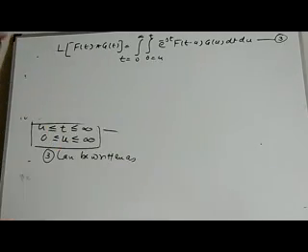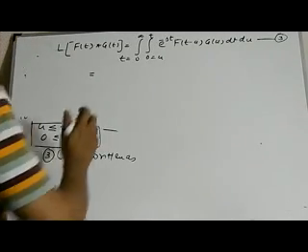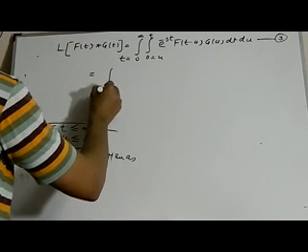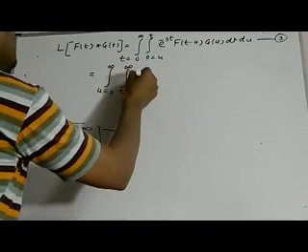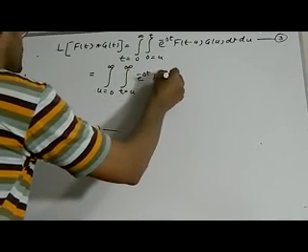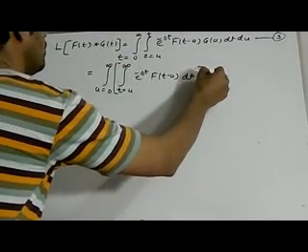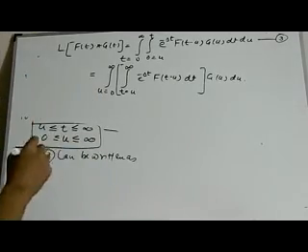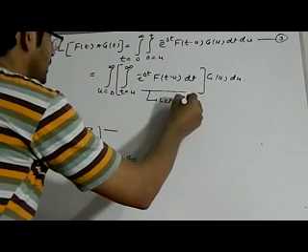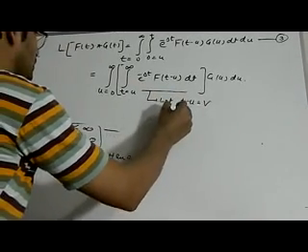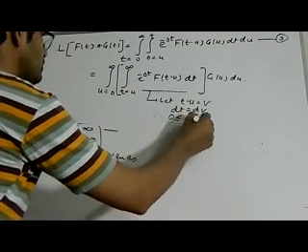Now let us understand this. This double integral will now become, as u varies from 0 to infinity and t varies from u to infinity, e to the power minus st f of t minus u dt, and then g of u du. Now in this inner integral, let t minus u be equal to v, so dt is equal to dv, and v will vary from 0 to infinity.